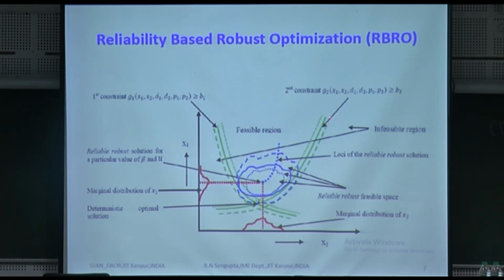This dark green line on the right and dark green line on the left are the constraint boundaries, and I am considering a 2 variable problem only because it is easier for me to show. If you see, there is a red dot here. If it is a deterministic problem, considering the feasible set, the most optimum solution would be one of these boundary points. Consider this red point is the boundary point.